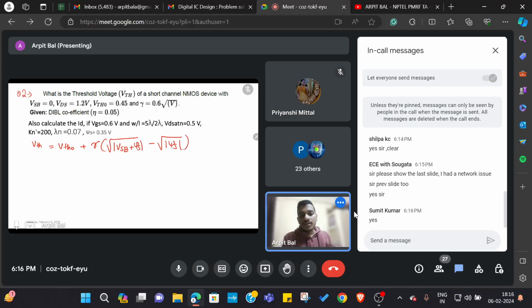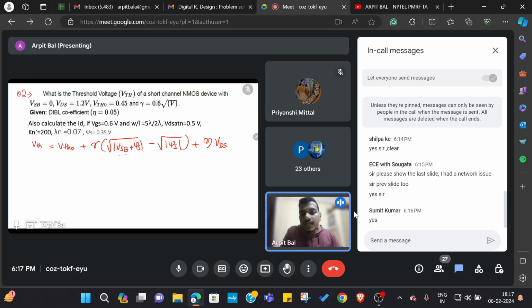Okay, so in previous week's live session, to figure out what is VTH, we were only taking into consideration the body effect, right? But we also know that there is something called DIBL that is going to vary your threshold voltage, right? So we also need to consider the factor eta VDS.